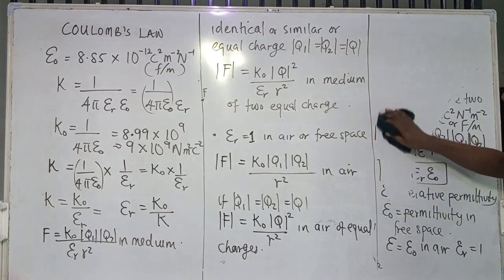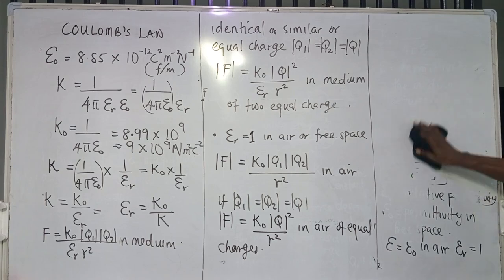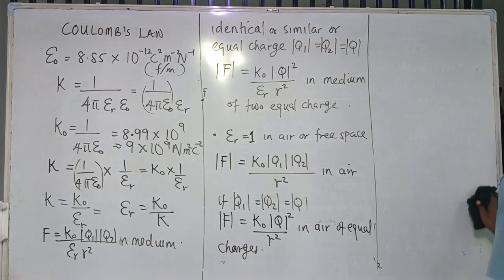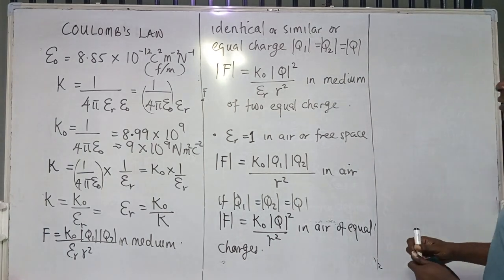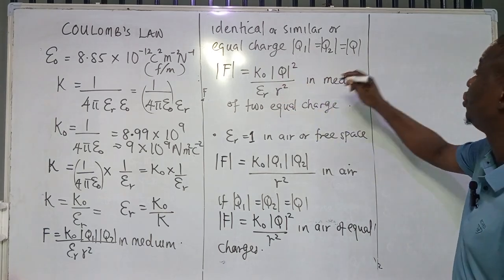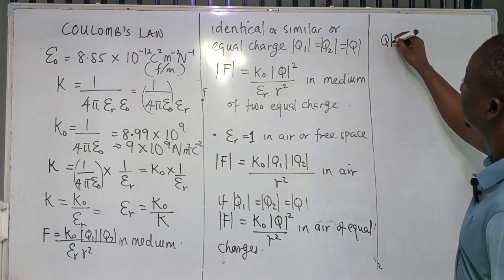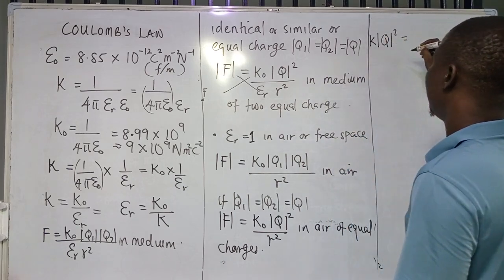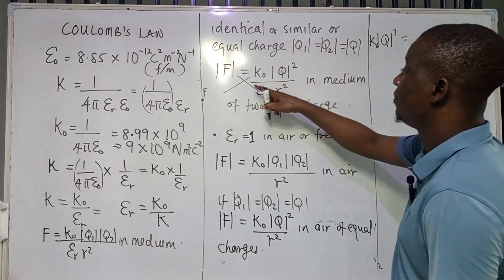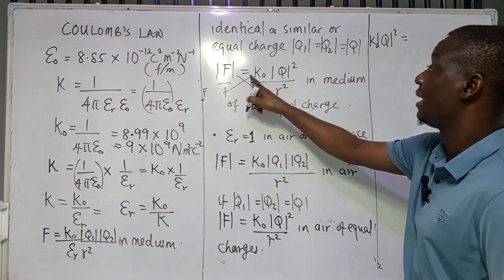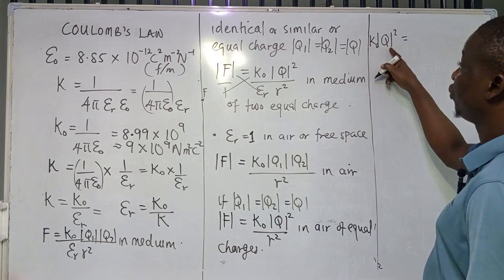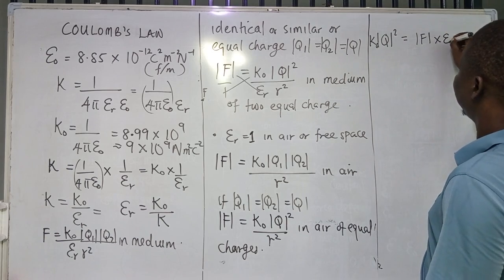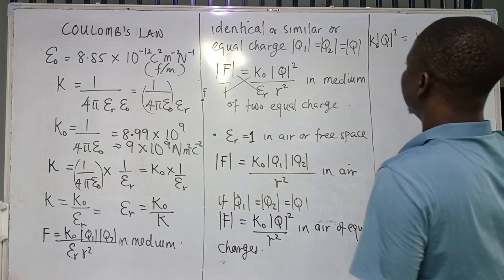If you want to make Q the subject of the formula in a medium, Q squared is equal to, multiply, K naught Q squared over 1 times K naught Q squared, we have the magnitude of F times epsilon r times r squared.